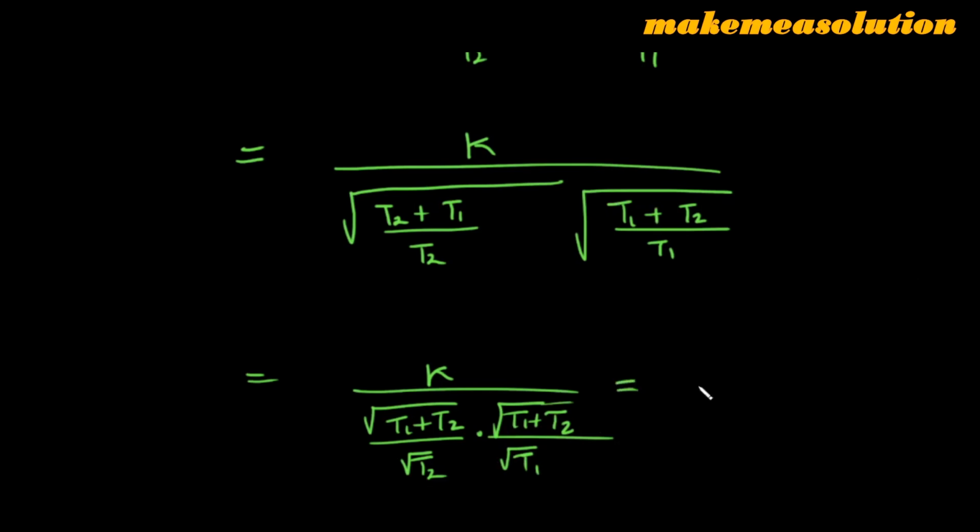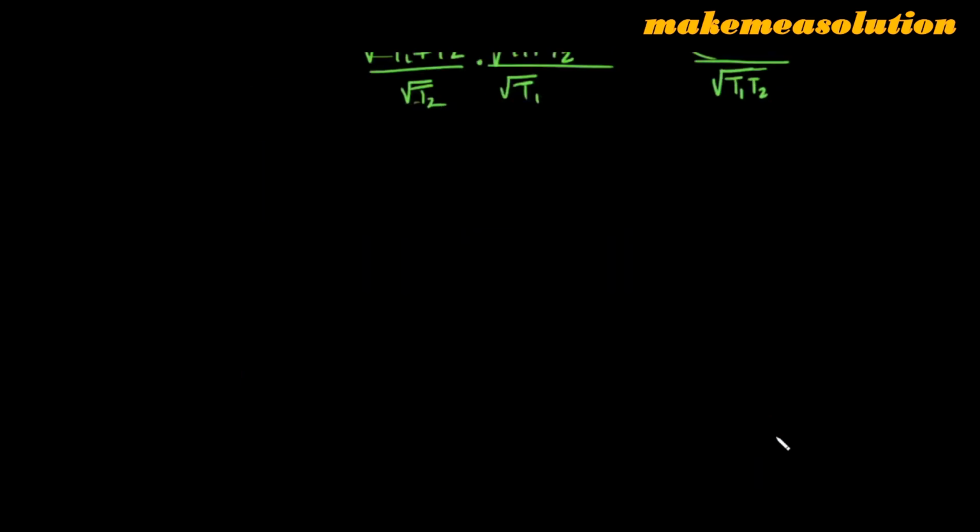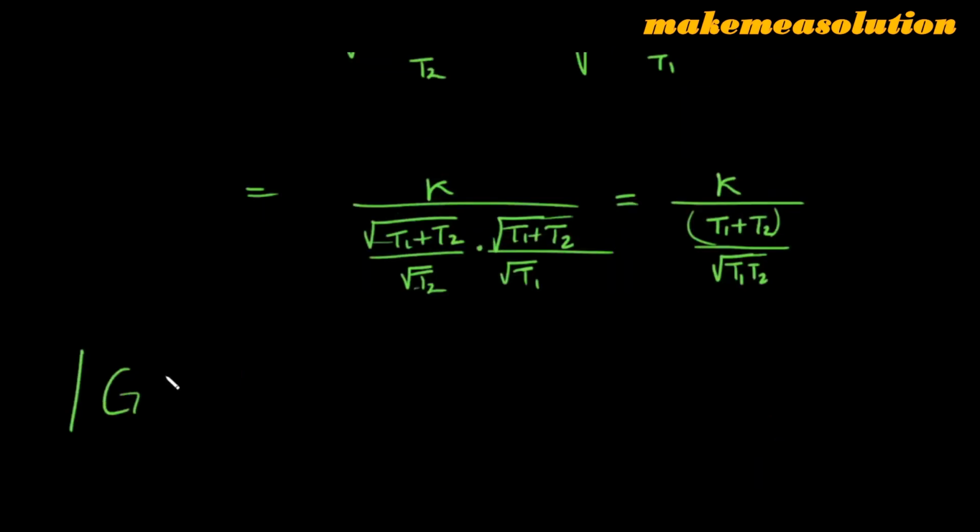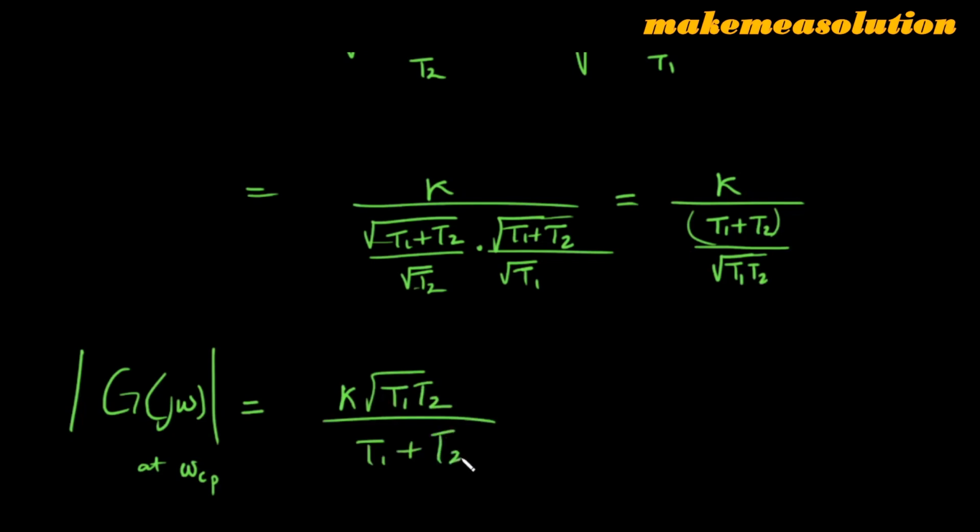When you apply this, the product of this one will give me root t1 plus t2 squared, which evaluates to t1 plus t2, everything divided by, then if you multiply this one, you get root t1 t2. So at the end of the day, the magnitude of G of j omega at that particular frequency, that's our phase crossover frequency, is going to be, if you take this one to the numerator, K root t1 t2 all over t1 plus t2.